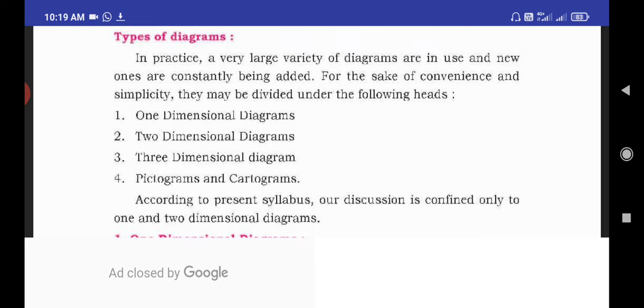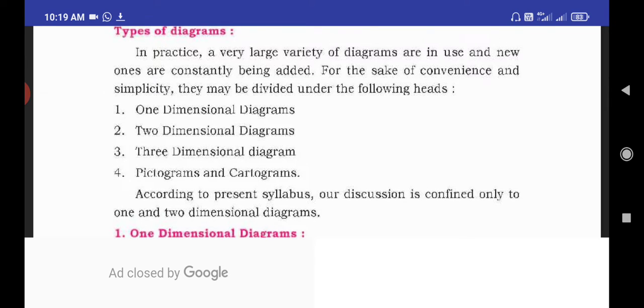In practice, a very large variety of diagrams are in use and new ones are constantly being added. For the sake of convenience and simplicity, they may be divided under the following heads.